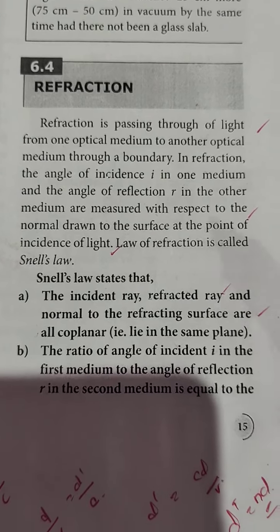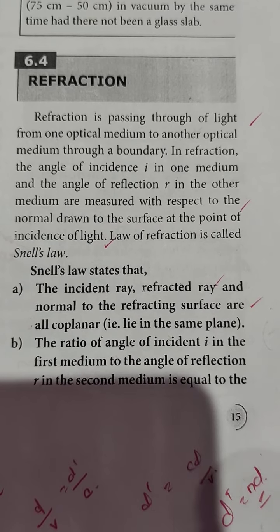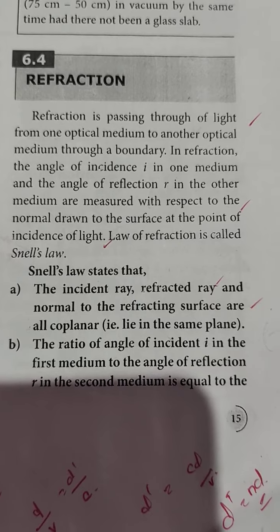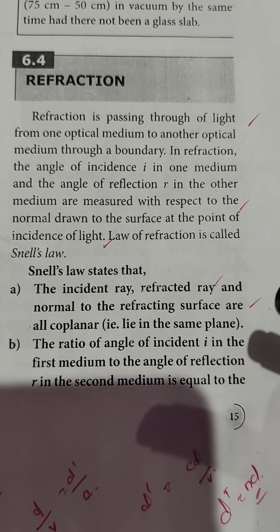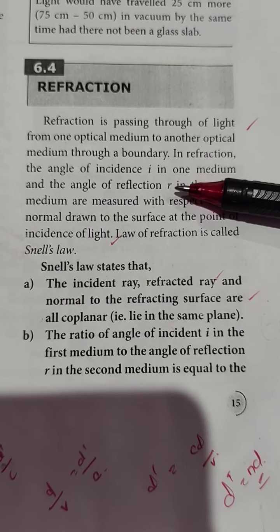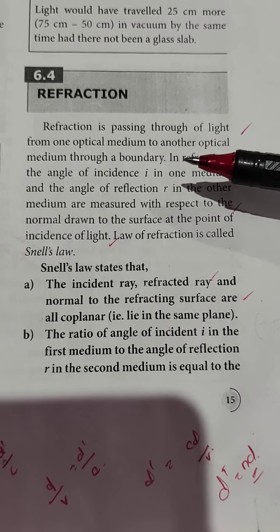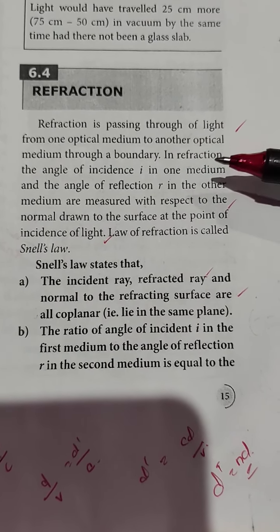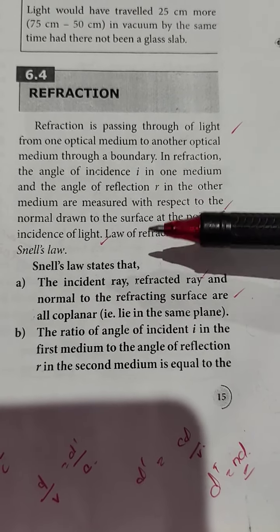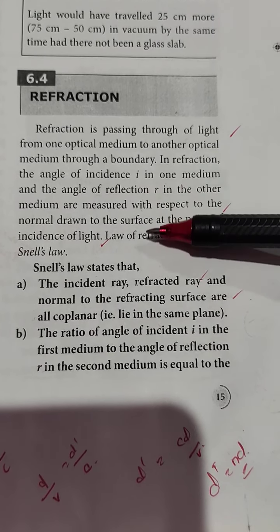In the second topic, refraction. In the process of refraction, there must be two media, whereas in reflection only one medium takes place. So first of all, when the light passes from one optical medium to another optical medium through a certain boundary, in refraction, we know that i represents the angle of incidence in one medium, and r is the angle of refraction.